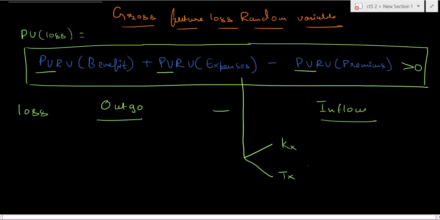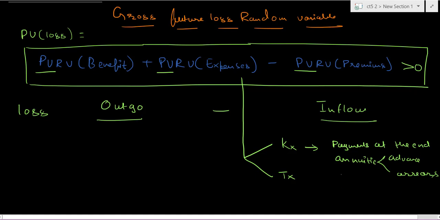If it involves discrete points of time, that is maybe payments occurring at the end of the year of death, or any sort of annuities in advance or arrears, we'll be using Kx for that. And we'll be defining the present value random variables for these particular benefits, expenses and premiums.